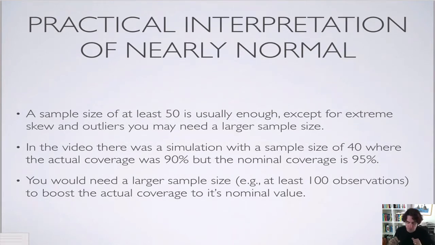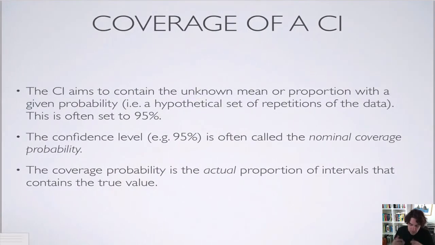In the video, there was a simulation with a sample size of 40 where the actual coverage was 90%, but the nominal coverage was 95%. So what you would need here is a larger sample size to boost the actual coverage to its nominal value. One thing I wanted to clear up is, what is this idea of coverage?